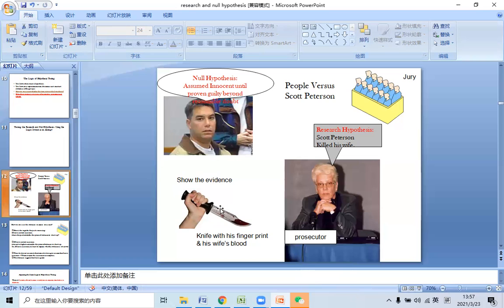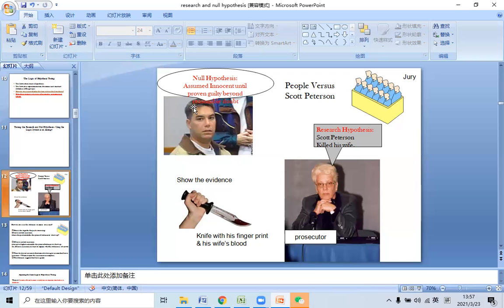An accident? How unlucky would you have to be to end up with your fingerprint and your wife's blood on the same weapon? That's highly unlikely.